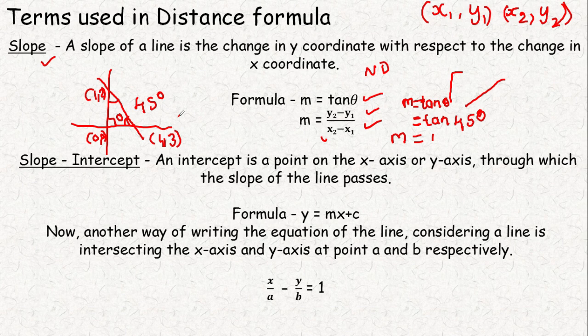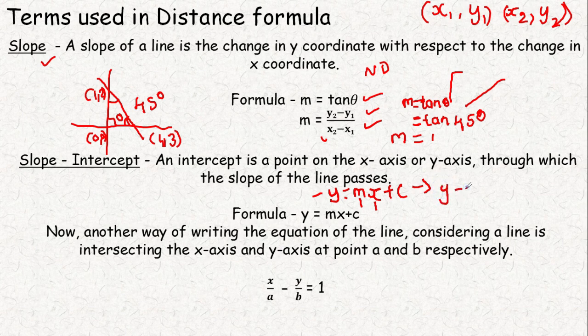So to find this intercept, we use slope. The formula of it is y is equal to mx plus c. Here y is the y coordinate, m is slope, x is the x coordinate and c is the y intercept.